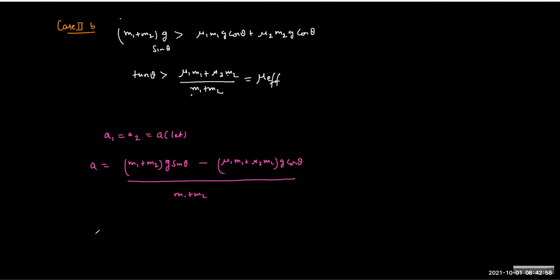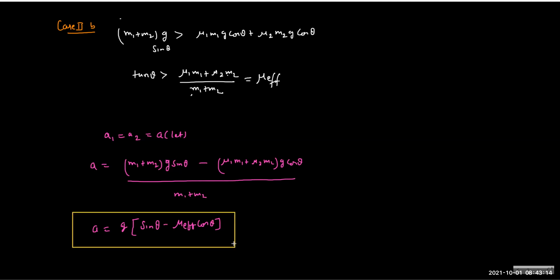Even this lengthy expression, if you rearrange, will give you g sin theta minus mu effective g cos theta. So we get the direct answer for the acceleration of the blocks as a system. The mu is replaced by mu effective.